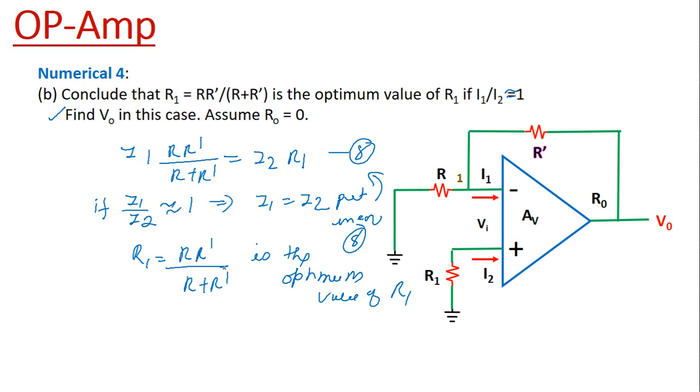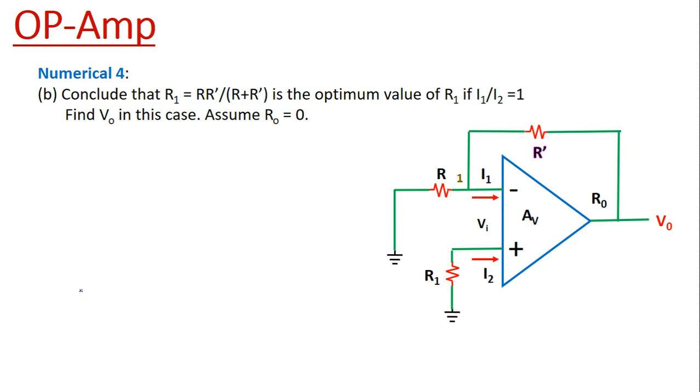Now again we have the output voltage equation, equation number 7. In equation number 7 we have output voltage VO is equal to R dash into I1 minus R plus R dash divided by R dash into I2 R1.